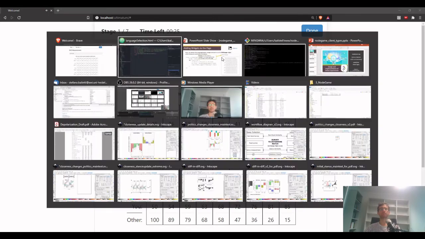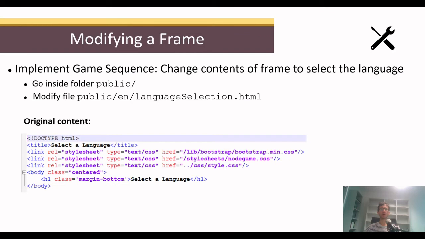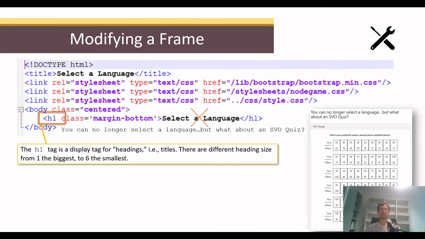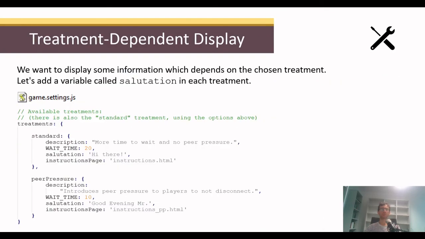Yes. We can do even something more interesting, which is a treatment dependent change. So for example, we might want to display a certain text depending on the treatment. This is very useful if you do a manipulation which is psychological, if you have a framing effect. In this case, we're going to change something. We will have a welcoming message, a salutation, which will be informal, hi there, or formal, good evening, mister.